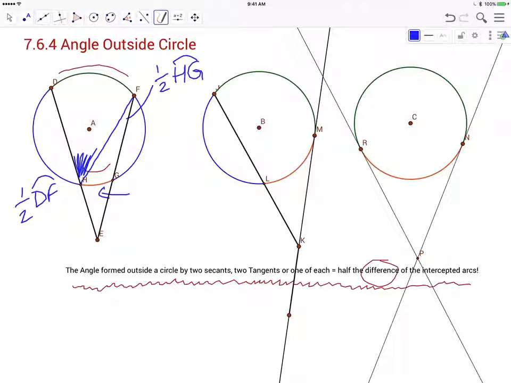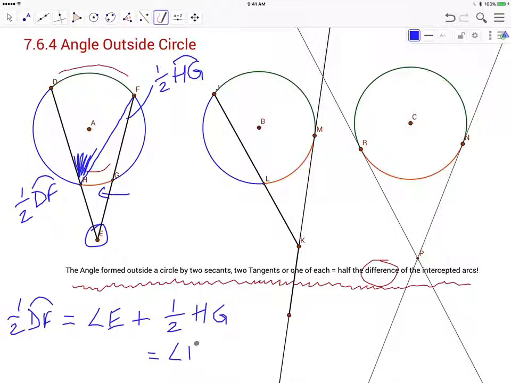And so if we're trying to find E, watch what happens. Half of DF is equal to angle E plus half of HG. So you have this nice algebra, which is great.